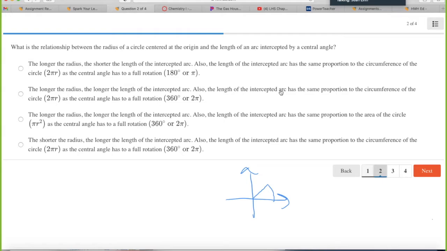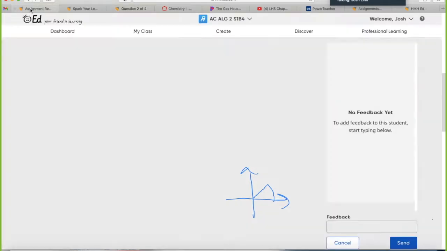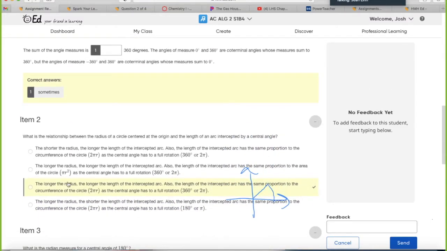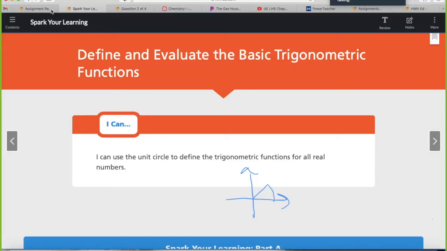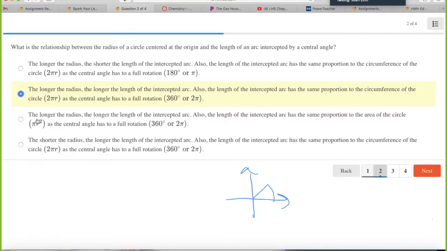Also, the length of the intercepted arc has the same proportion to the circumference of the circle, 2 pi r, as the central angle has to the full rotation. I like that one. Let's check that real quick. Oh no, that's what I get for not reading all of them. The longer the radius, the longer the length of the intercepted arc.